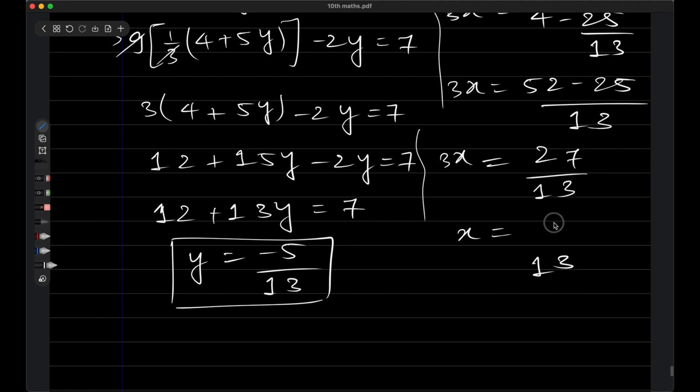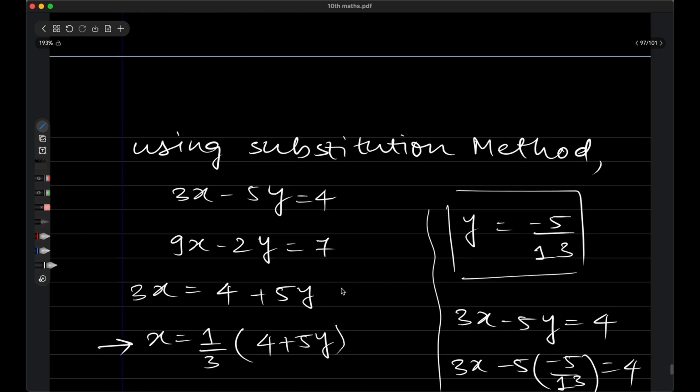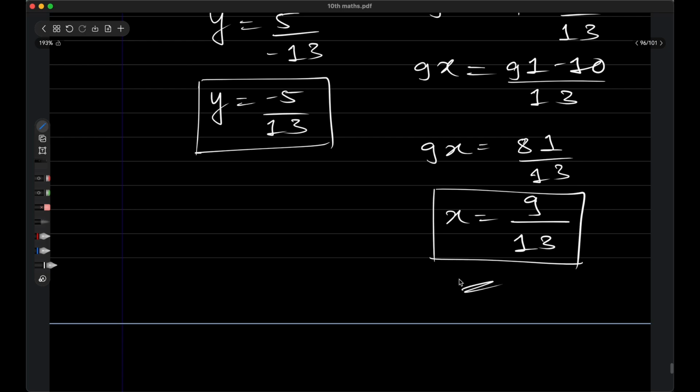We got the value of x equals 9 divided by 13 and the value of y equals minus 5 divided by 13. That is the same for both the cases: 9 by 13 and minus 5 by 13.